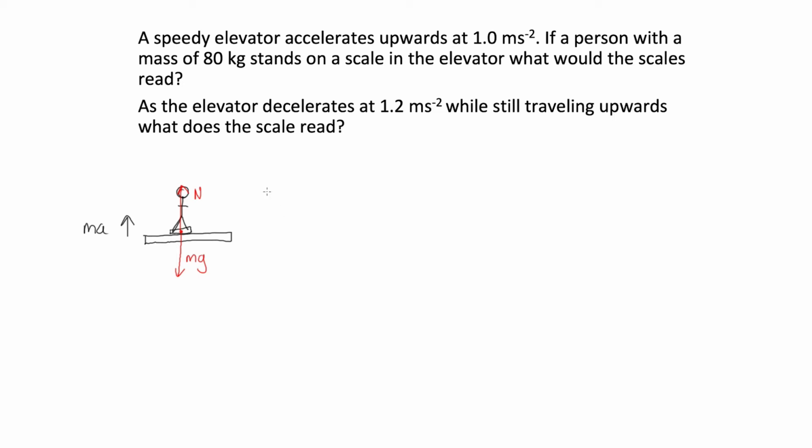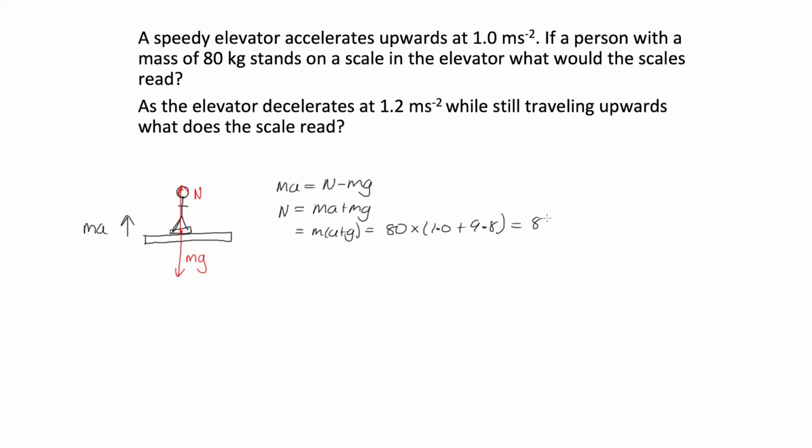So we can write ma is equal to N minus mg. And what we're trying to find is the reading on the scales, which is the normal force. So we've got the normal force is equal to ma plus mg. So we can evaluate this. This is m times (a plus g), which is equal to 80 times, he's accelerating upwards at 1 meter per second squared, plus 9.8.